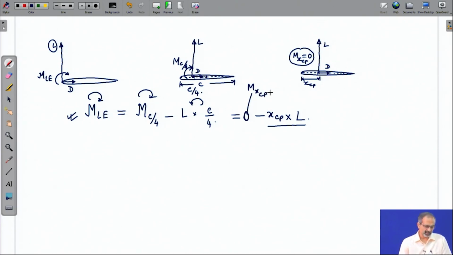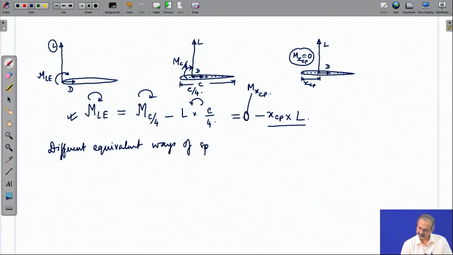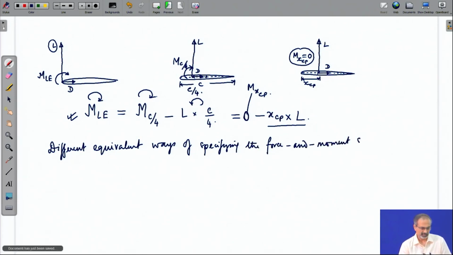So, these actually connect between the three cases where we have different equivalent ways of specifying the force and moment system on an airfoil.